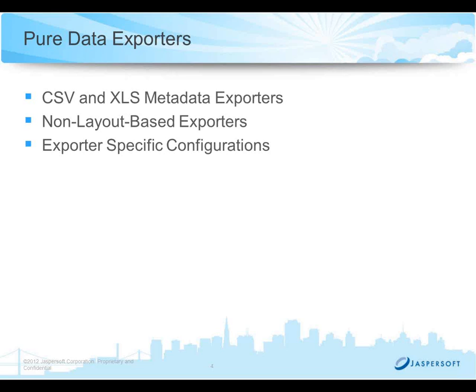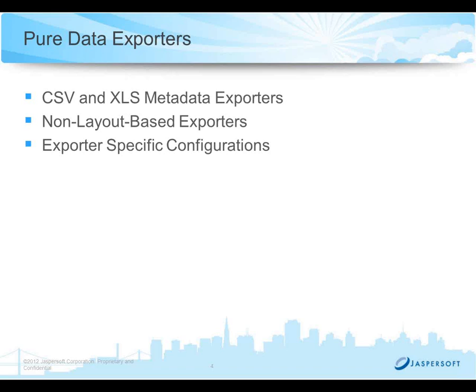And also, at the end of the chain, we can export our reports to various formats like PDF, HTML, Excel, Word, RTF, OpenOffice, and all that stuff. So we have a large variety of exporters that we support with JasperReports.